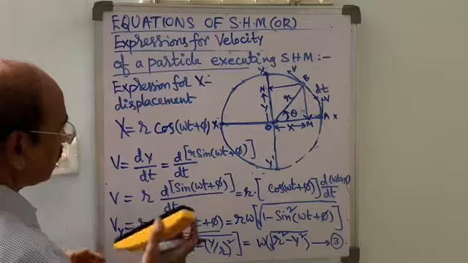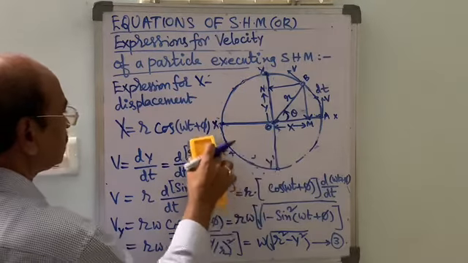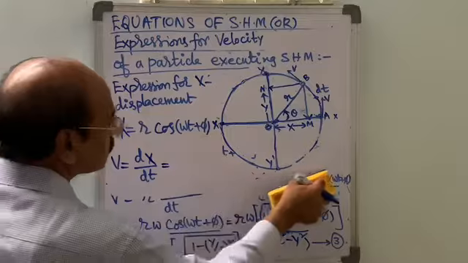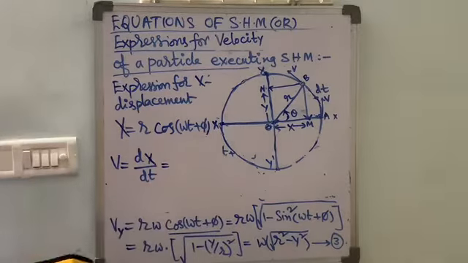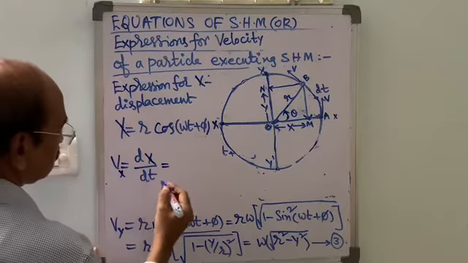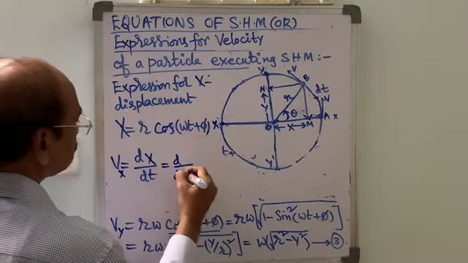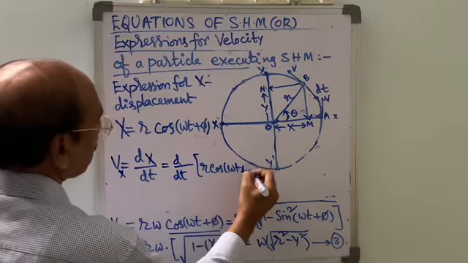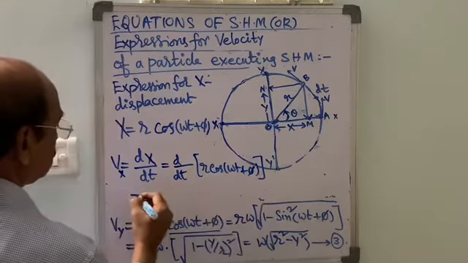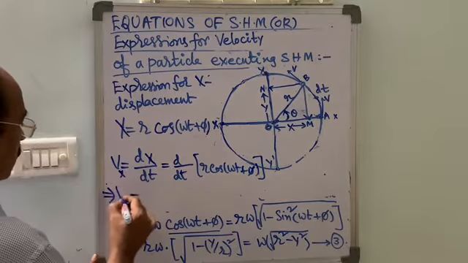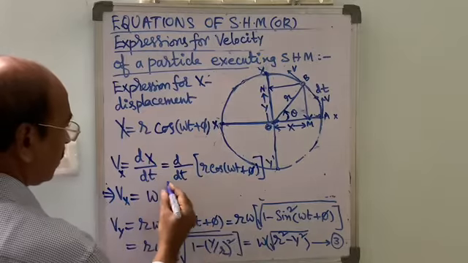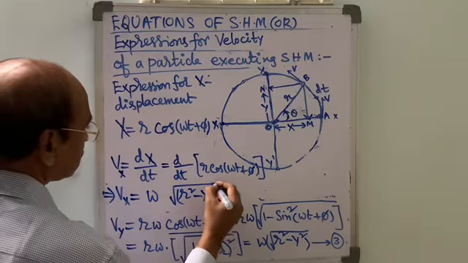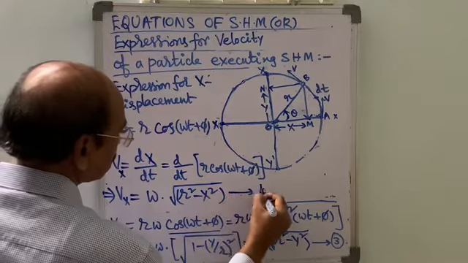Therefore, from that, we may write similarly Vx is equal to omega into under square root R square minus x square. Let this be the fourth equation.